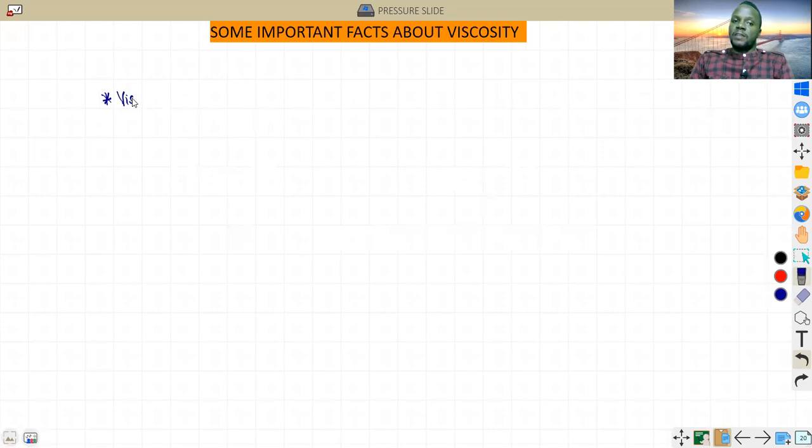Now we can write, let's take down a note, that viscosity depends on the intermolecular forces of fluids. Very important for students to keep this in mind.